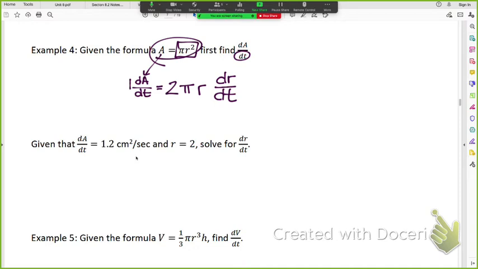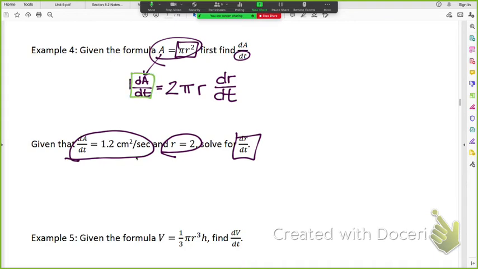Now, here's where we're going with this. Given this fact and this, solve for this. What can we do when we are given numbers? Plug them in. It's not hard, right? So where do I put the 1.2? dA dt is equal to 1.2.